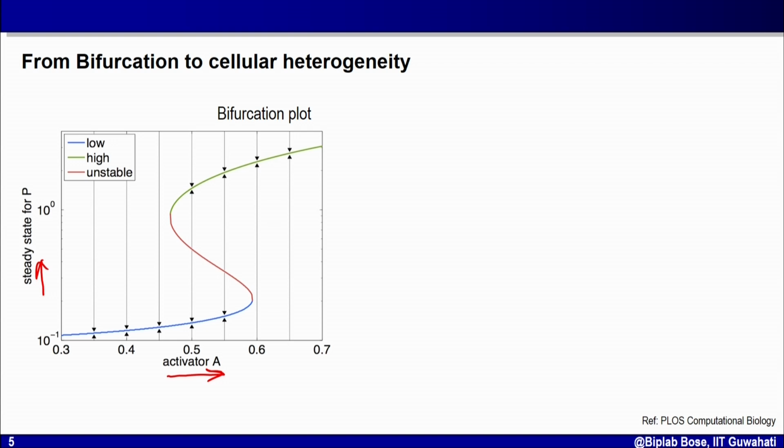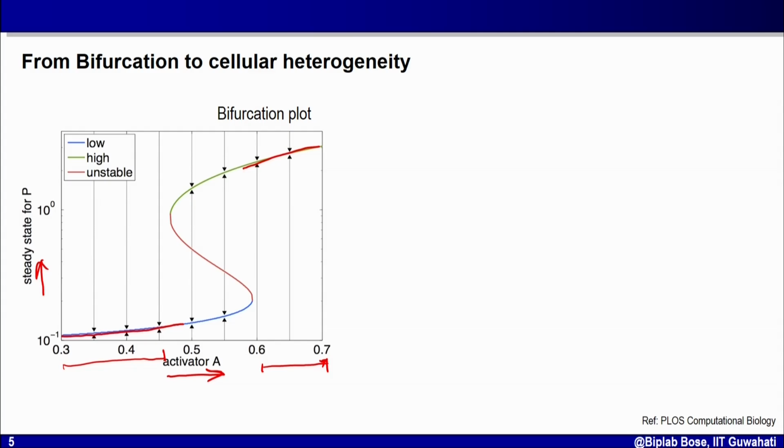I can show this mathematically, and from the previous data you can also understand easily that when the signal A is at a lower value, say up to this range, I have only one steady state, which is stable and has a lower value, this blue region. Whereas when I have a higher value, like 0.6 to 0.7, the steady state is stable, but its value is higher.